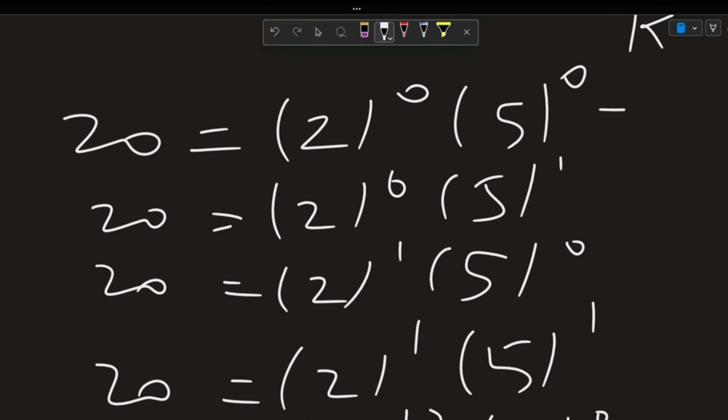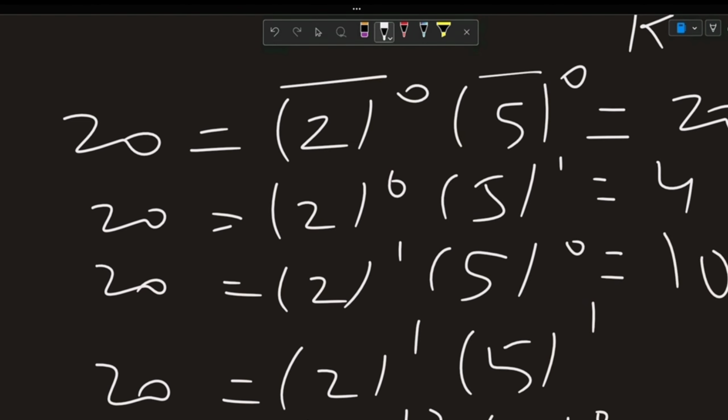So now look, here x is 0 and y is 0, so the value of k would be 20 itself. The value of k here would be 20 divided by 5, which is 4. The value of k here is 20 divided by 2, that is 10. The value of k here is 2.